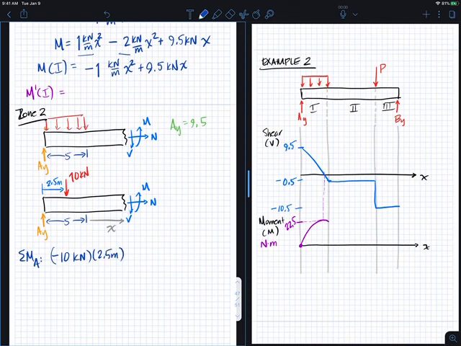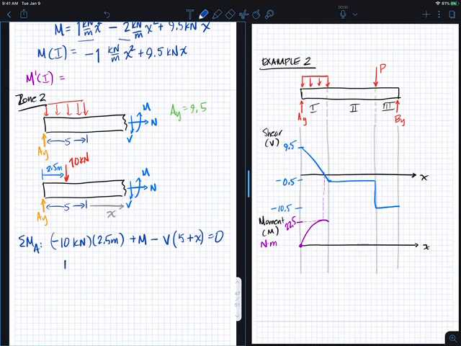Then M is going to be positive. And then I have the shear, acting some distance, because we're already into section 2. Its location is going to be, let's call it, 5 plus x, equals 0.